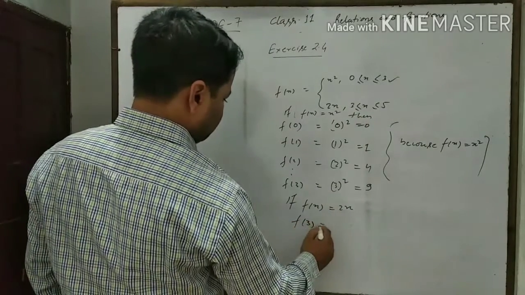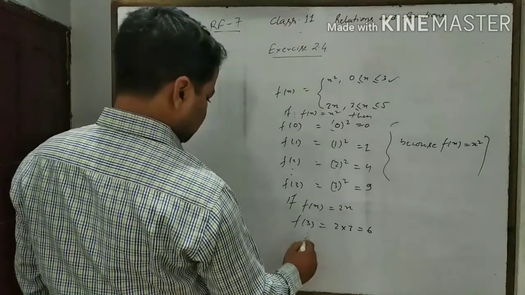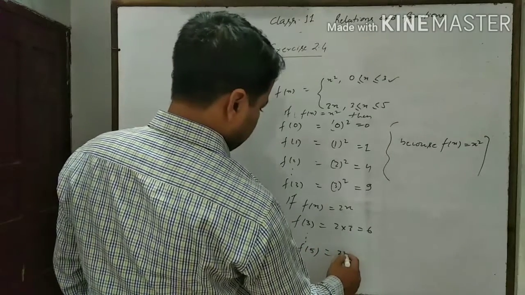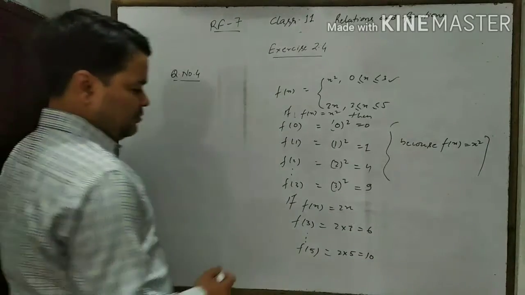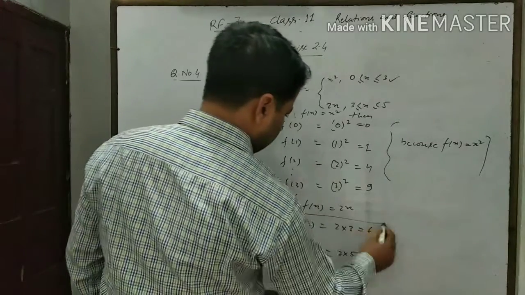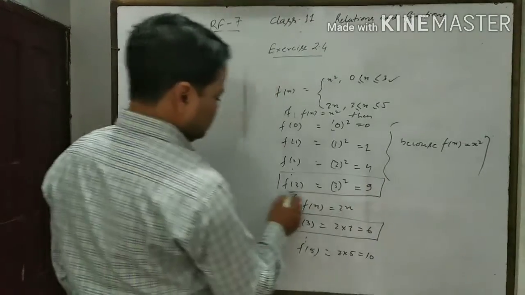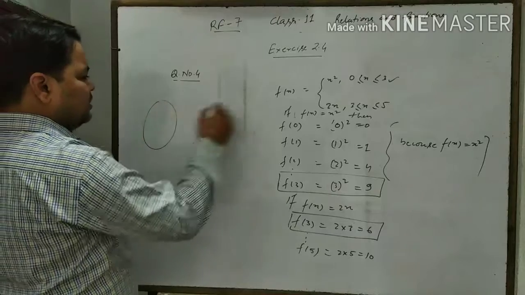F of 3 is equal to 2 into 3, that is 6. Similarly, f of 5 is equal to 2 into 5, that is 10. But here we see that f of 3 is equal to 6, and f of 3 according to this expression is 9 also.